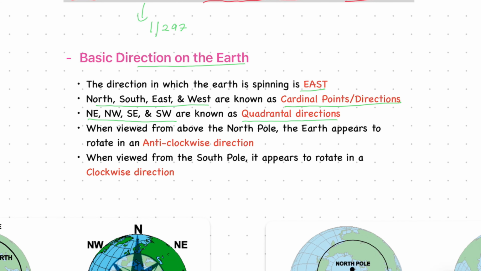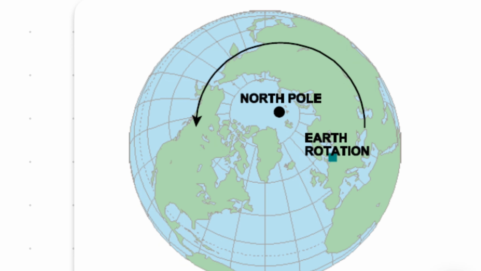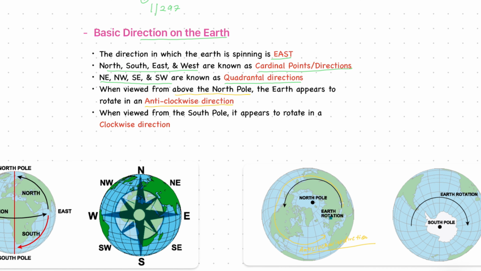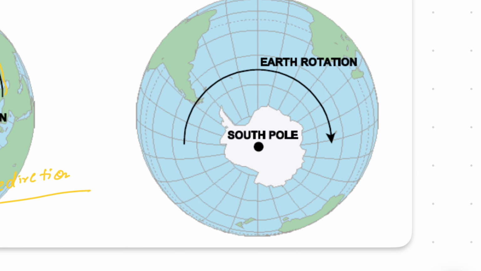When viewed from above the North Pole, the Earth appears to be rotating in an anti-clockwise direction. So when we are looking from the North Pole, Earth is rotating in this direction, anti-clockwise. And when viewed from the South Pole, it appears to rotate in a clockwise direction, like this.